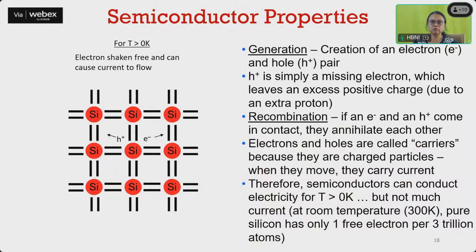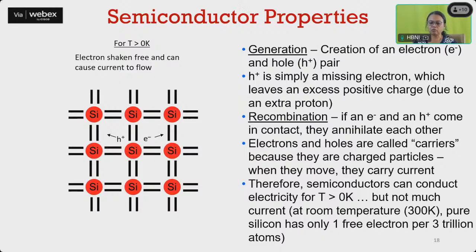Before we go into doping, we see that in semiconductors, creation of an electron and hole pair is necessary for conduction. And a hole is nothing but a missing electron.